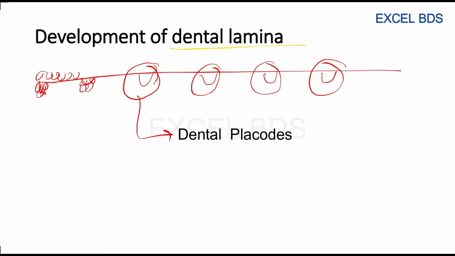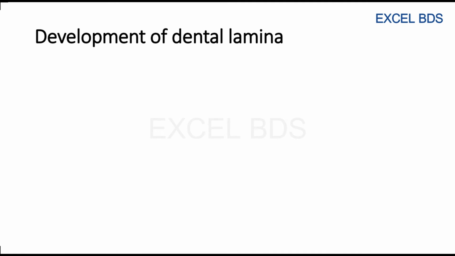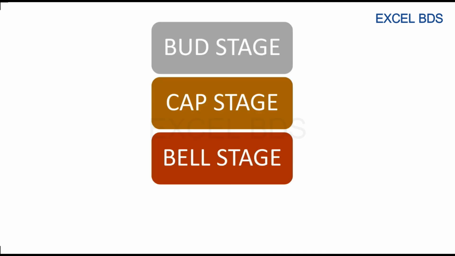So let's start the actual development of tooth now. The tooth development is divided into 3 stages: the bud stage, the cap stage, and the bell stage. So this dental lamina, the extension of the dental lamina which came down, as I was telling, those things are known as the dental placodes, and the extension of that is known as the enamel organ.